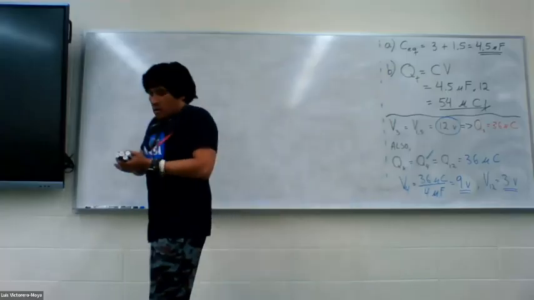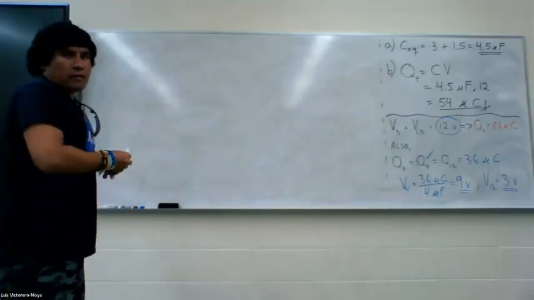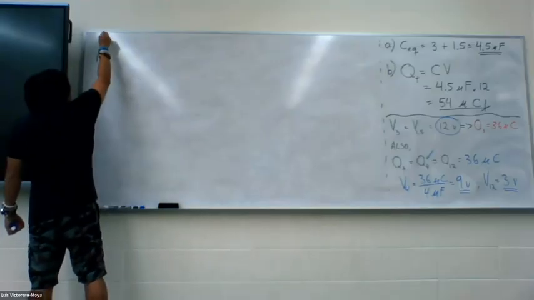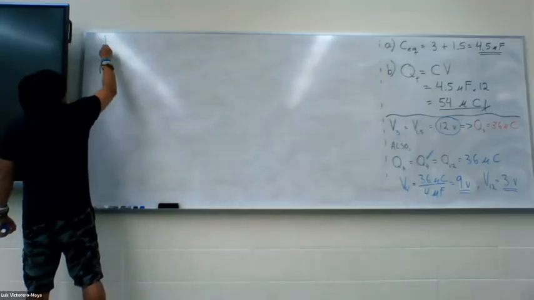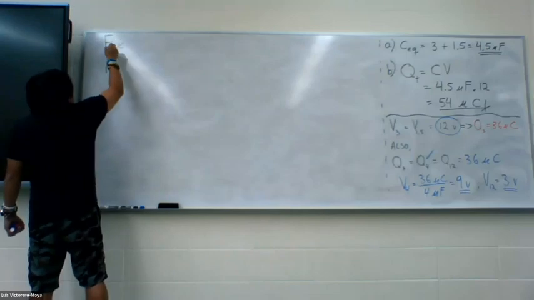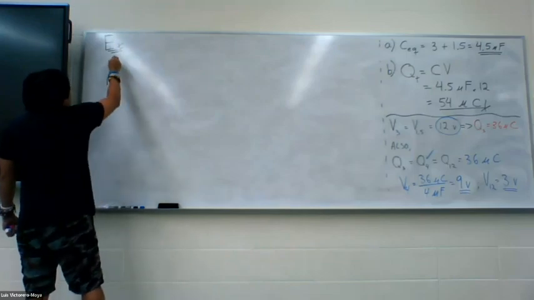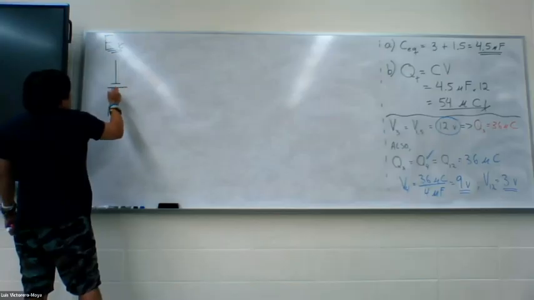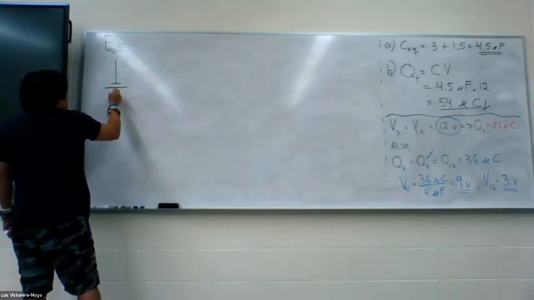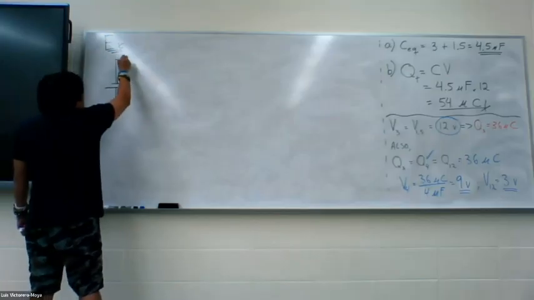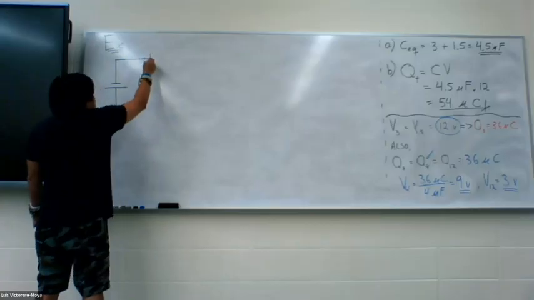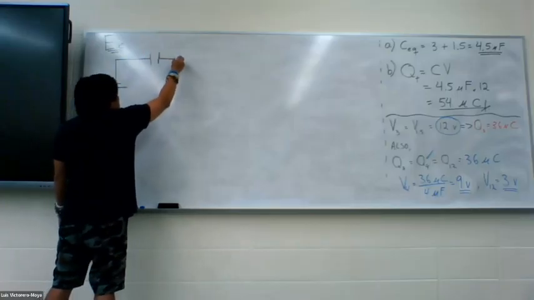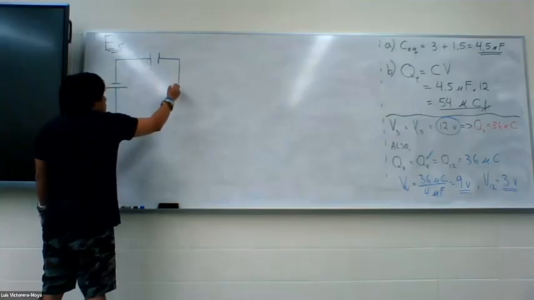Okay. So one last example of this will be a circuit that looks like this. The battery here, a capacitor here, and then you have a junction sort of here.